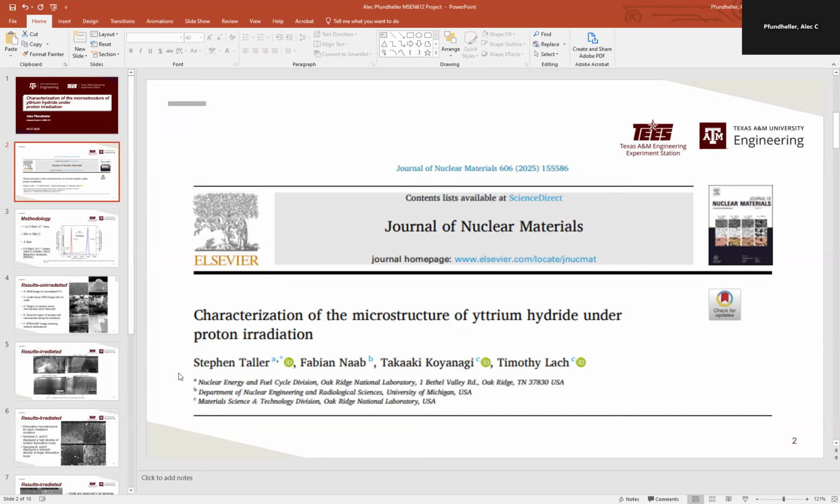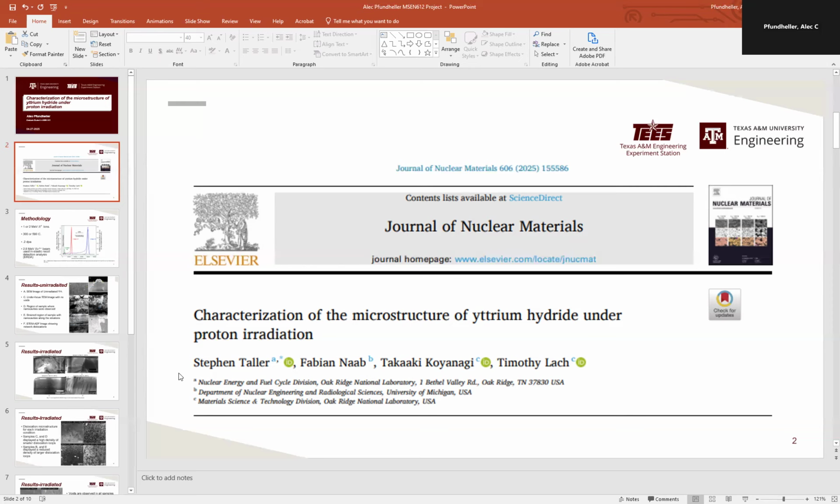Why are they trying to find the microstructure of yttrium hydride? We're trying to find better materials for moderating microreactors, since microreactors have to be a lot smaller than normal light water reactors. They need to use a very compact material. Usually we use metal hydrides because they allow the highest moderation per unit volume.